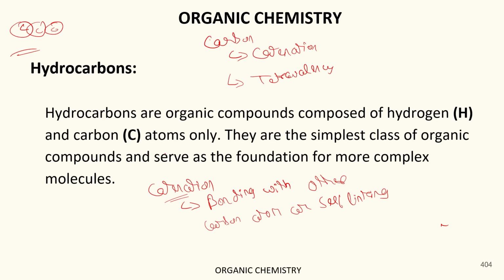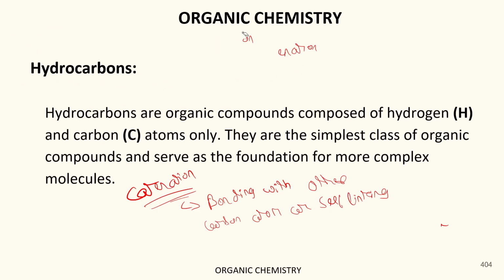It is also known as self-linking because carbon links with carbon and carbon and carbon. So carbon is getting merged with carbon, and that's why it is known as catenation. It's the first property of carbon. Through this, it makes a large number of carbon bondings.